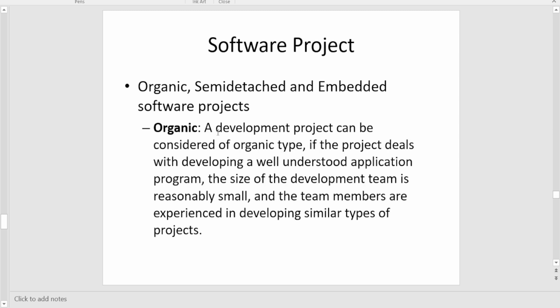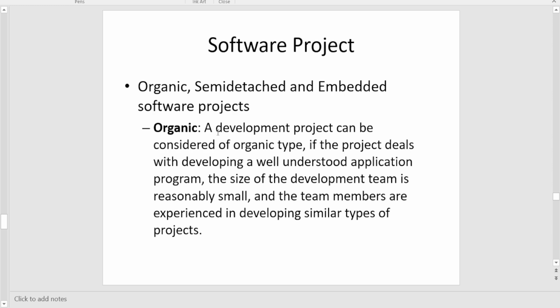A project is called organic if a development project is doing a well understood application program, or the size of the development team is reasonably small, and the team is experienced in developing similar projects. So we call those teams an organic team, or this project an organic project.